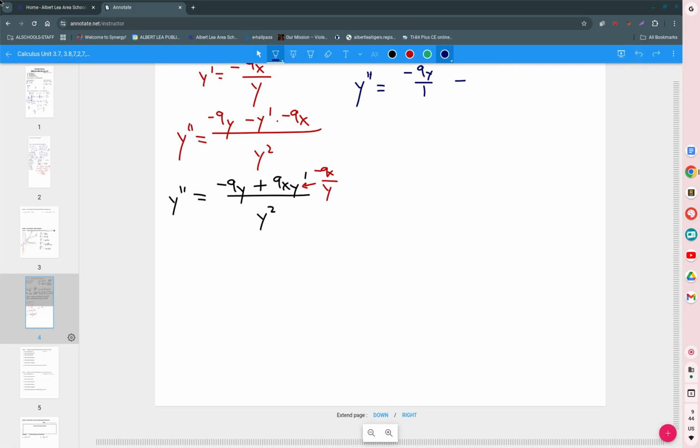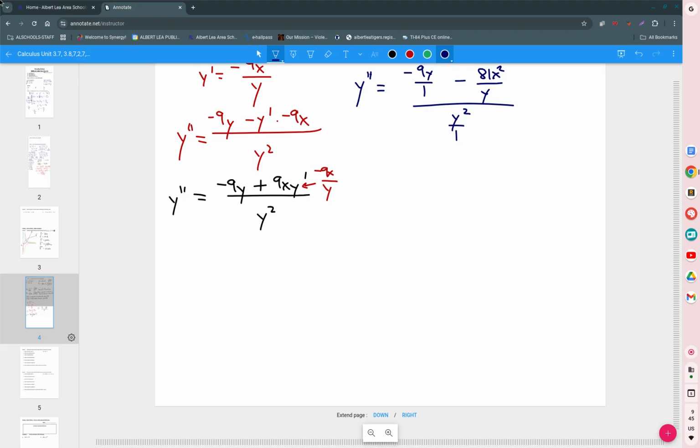So it's a minus 81x squared. And then what's my denominator? Just y. All over y squared over 1. So you can see once we insert that negative 9x over y, it becomes a complex fraction.